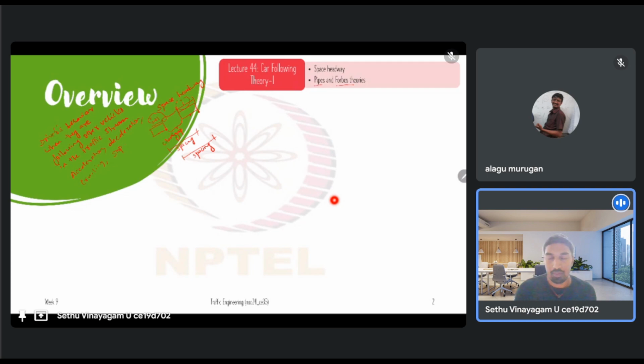This was a simple model where it was hypothesized that the clear gap, or the minimum or safe gap, should increase by one vehicle length for every 10 meter per second increase in the speed of the vehicle.